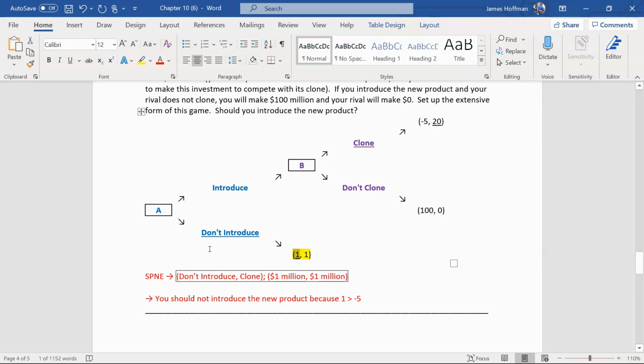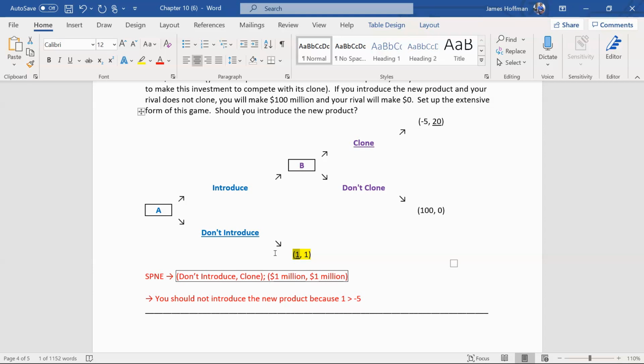Okay, so you can see the two future results of player A. If player A introduces, player B clones it, -5. If player A doesn't introduce it, it gets 1 million. So it's obviously better to not give B the choice and not introduce the product, because 1 is much better than -5.